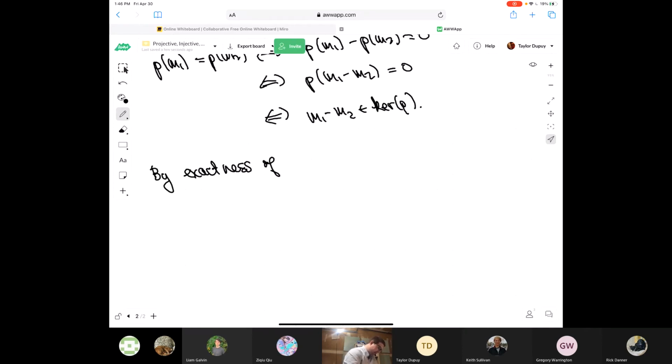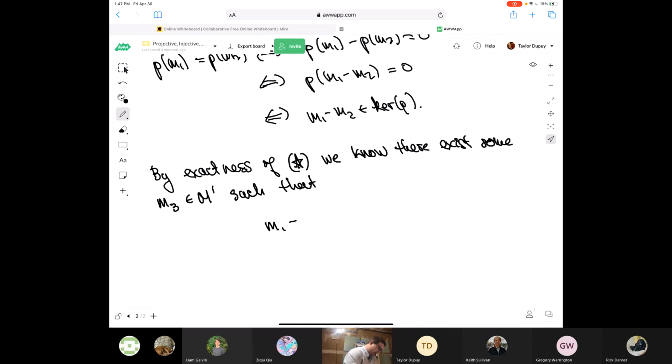Okay, so by exactness of star, we know there exists some M3 in M prime such that M1 minus M2 is J of M3. Okay, because that's what the kernel of the map is. The kernel is the image of the previous map. That's what it means to be an exact sequence.